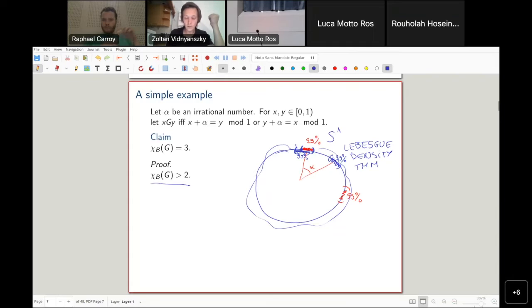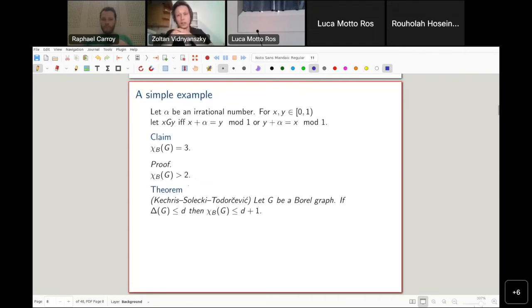Okay, and what about the upper estimate? This follows from a more general result of Kechris, Solecki, and Todorcevic from their early paper on Borel chromatic numbers.